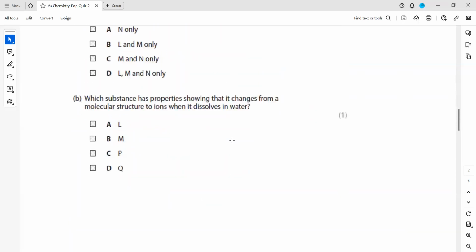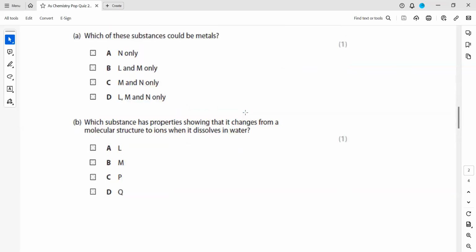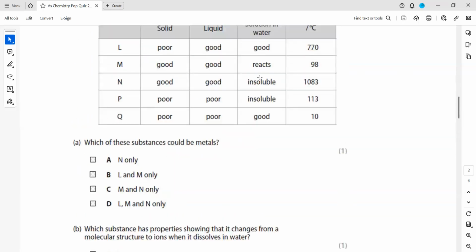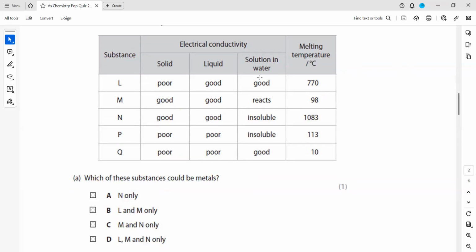Which substance has a property shown that changes from a molecular structure to ionic when dissolved? Molecular structure means it should not conduct electricity in solid or liquid, but if ionic, it should conduct.